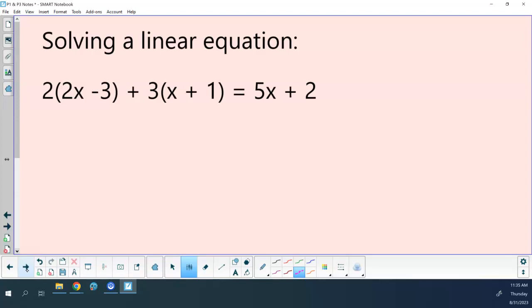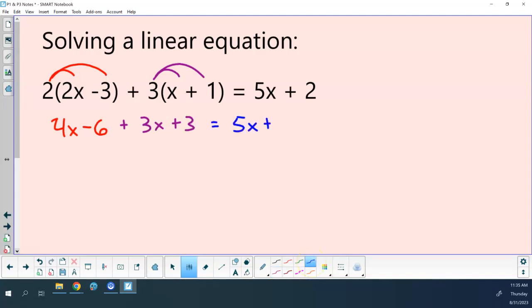So, first off, we're gonna start off by distributing. Distribute. Okay, so we're there.